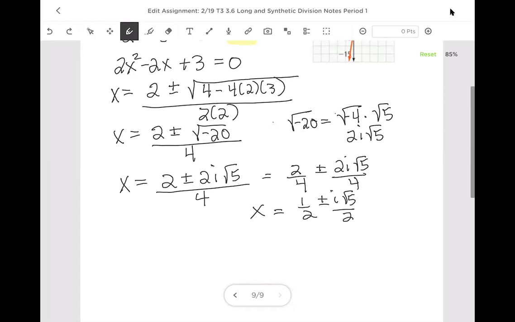So my zeros are 2 complex and 1 real. Now, what you're going to notice as you do this is your complex zeros always come in pairs, as do your irrational. If you go to use the quadratic formula, you are always going to end up with 2 zeros, okay?